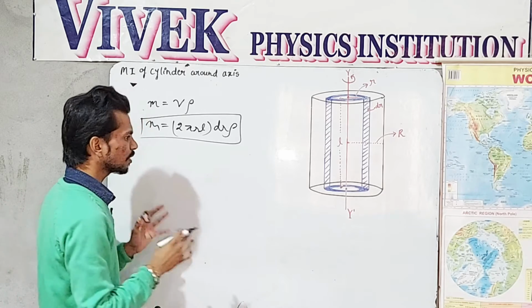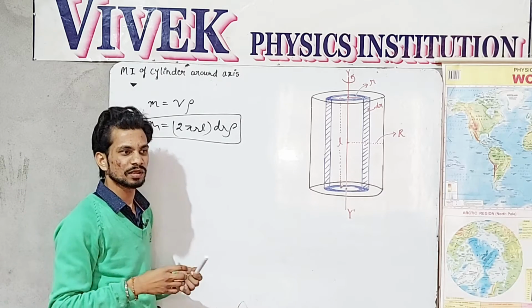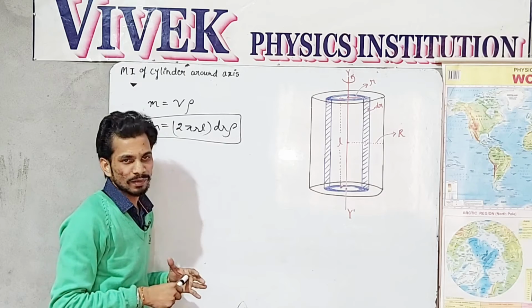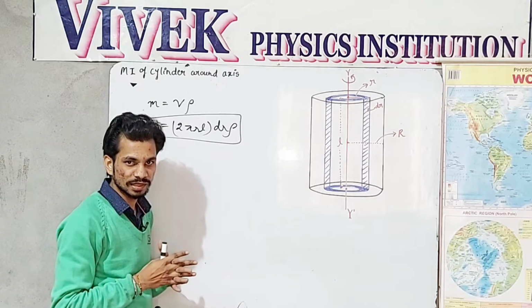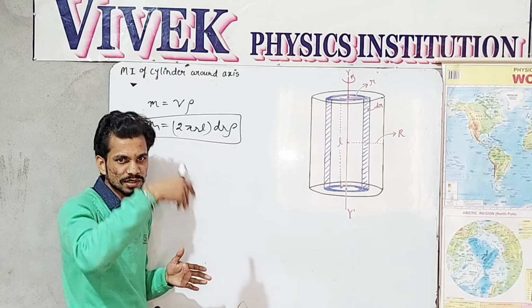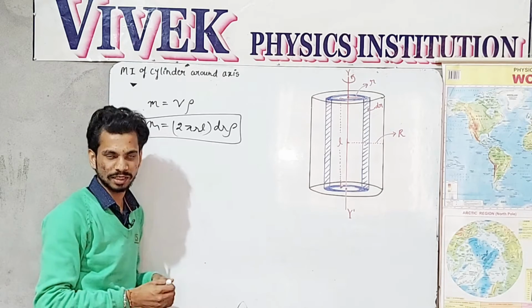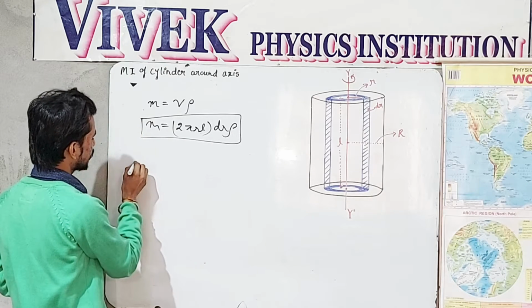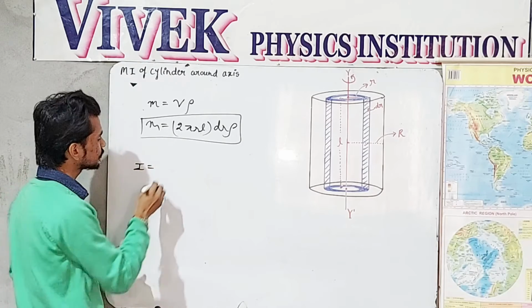Okay, now in the previous video you looked at the moment of inertia of a cylinder around an axis along its length.